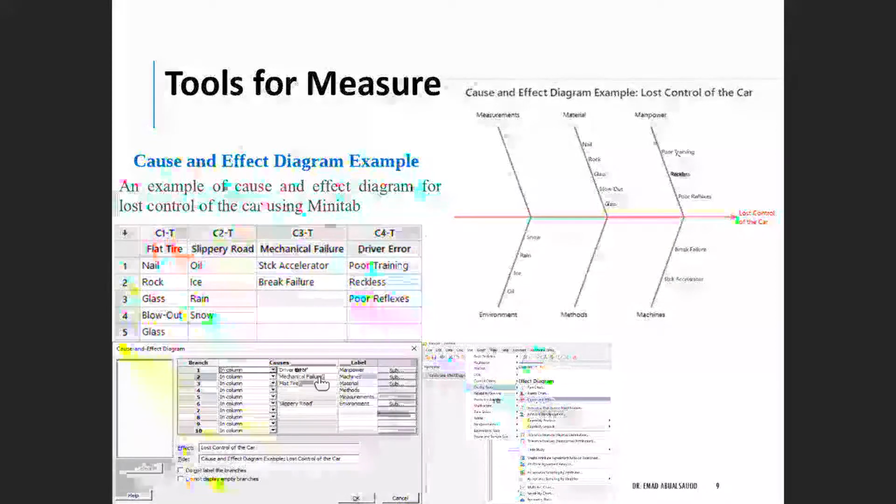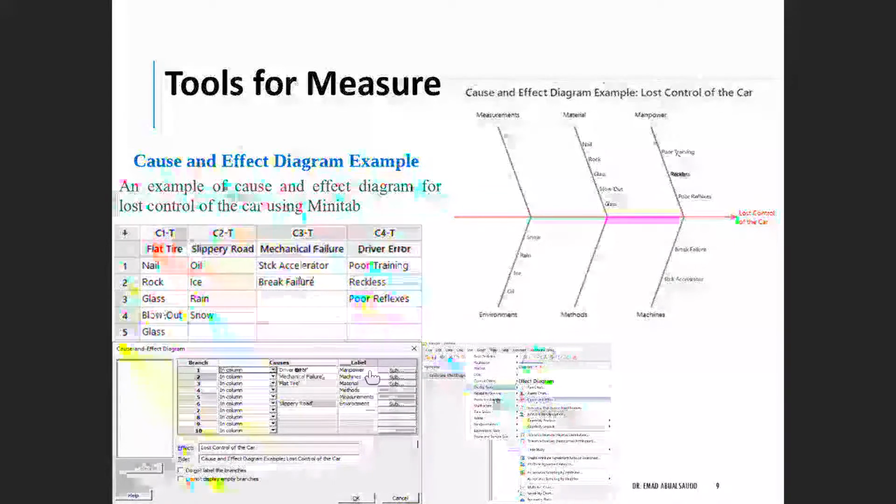So when you double click on the second row, it will open again the list of all the columns here, and you select the mechanical failure column, which is C3, and double click on it on this side, and it will appear automatically and feed in this row. You apply this to the remaining ones, and you adjust those as you want.